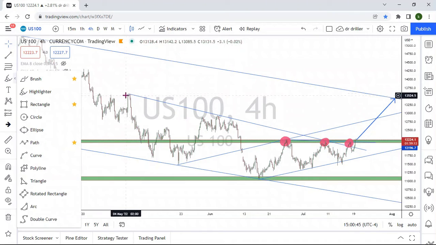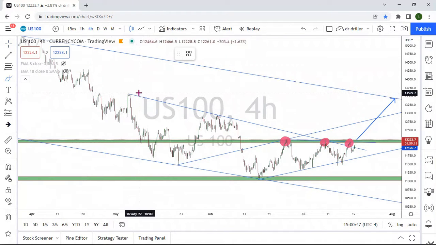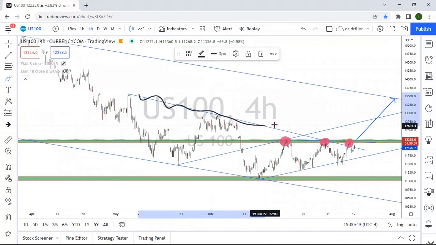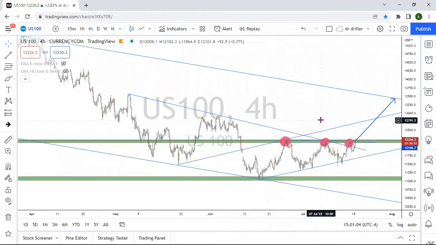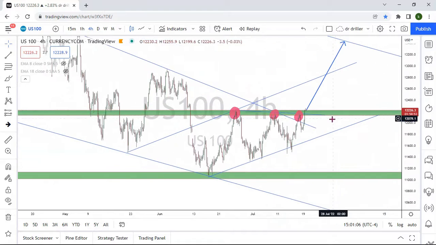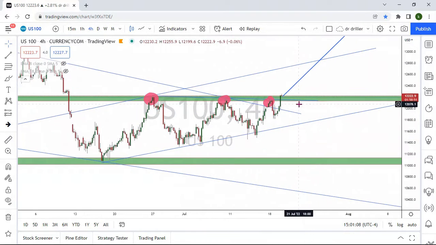So this level is now broken, and we are now looking forward to buying opportunities as well. The market came back to retest just around these areas, going back to the upside, right?